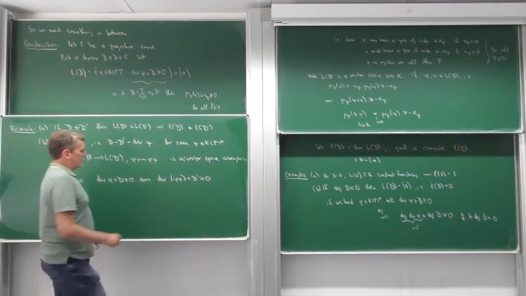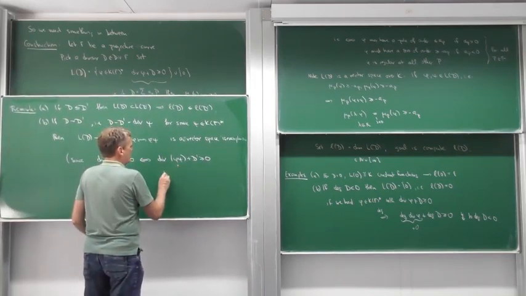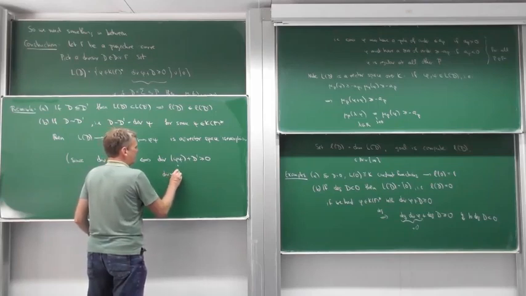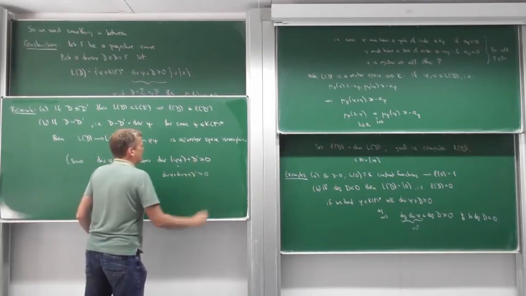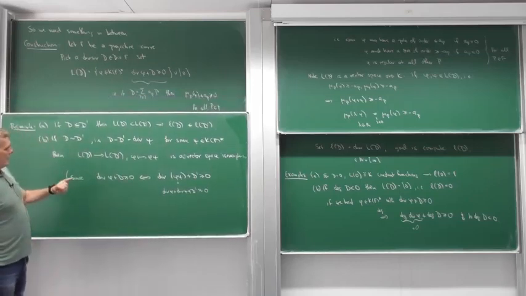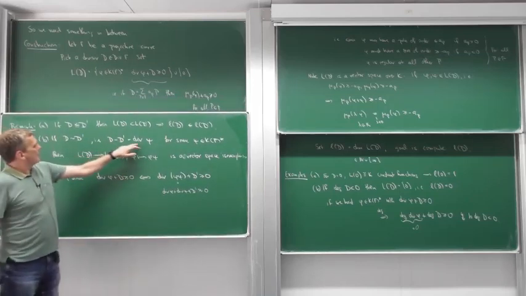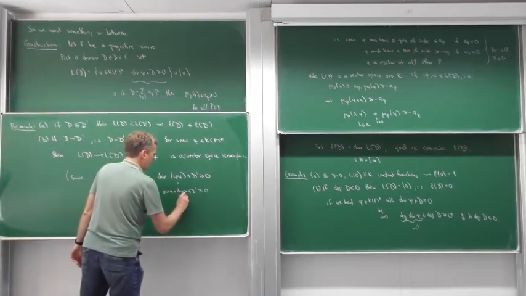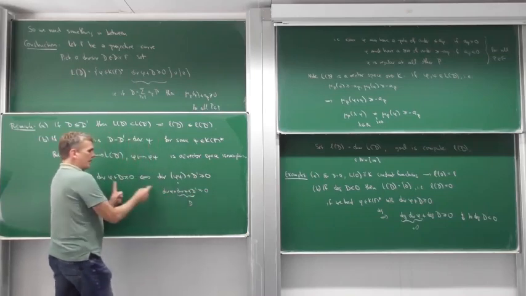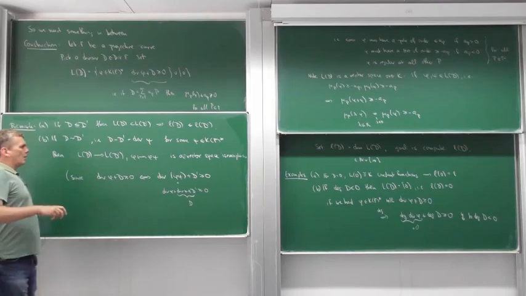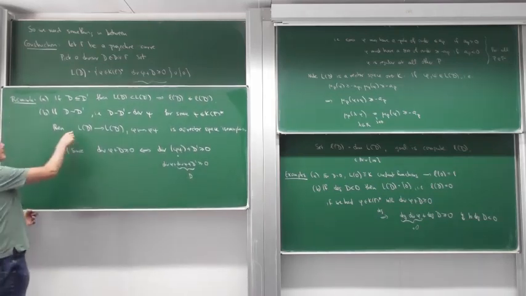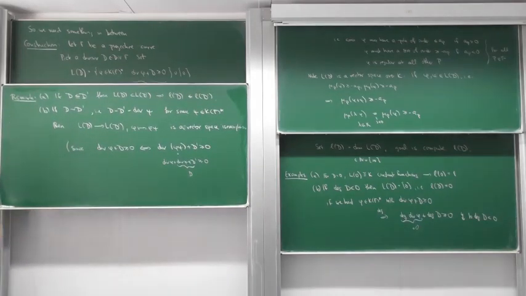And that is the same because the divisor of phi psi is the divisor of phi plus the divisor of psi, and the divisor of psi plus D prime is just D. So these conditions are exactly the same. That means this is an isomorphism, and in particular little l of D is the same as little l of D prime.